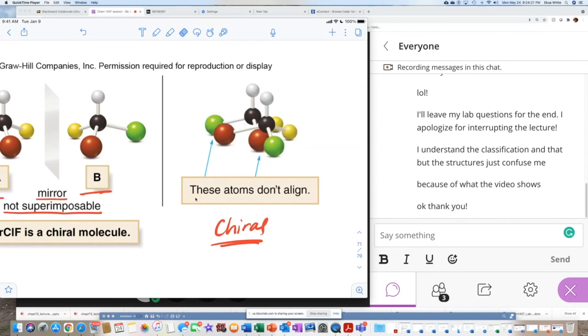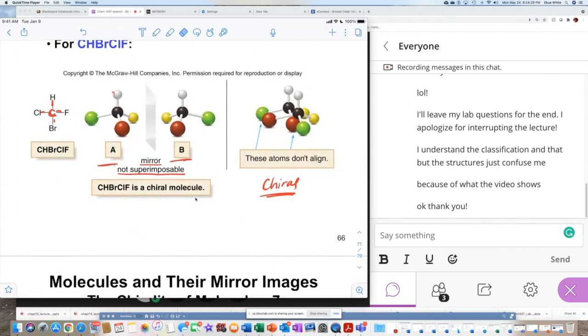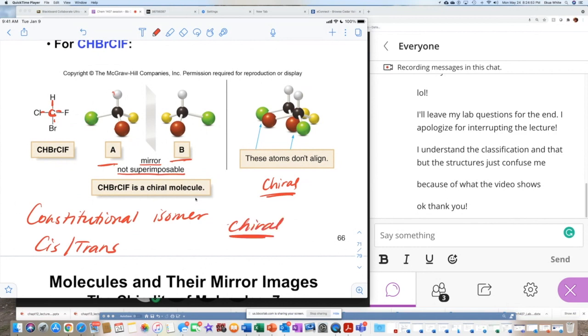How is constitutional isomer... How is that... Stereoisomer, or cis and trans isomer? I just call it cis or trans. Cis versus trans. And then now we have chiral. How are these different from each other?